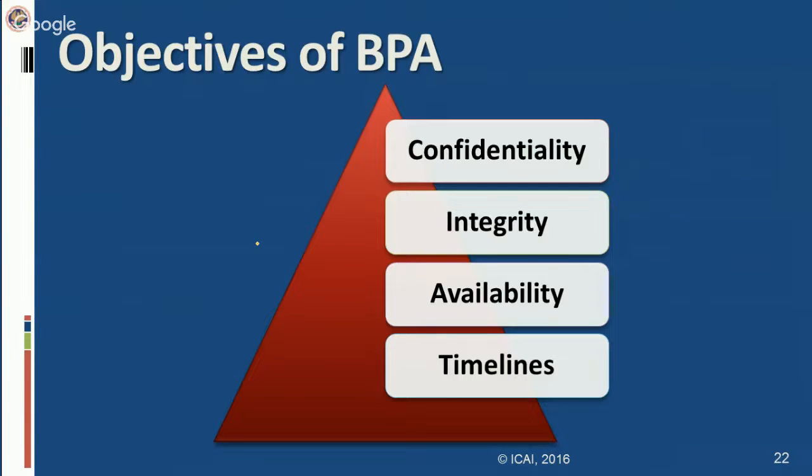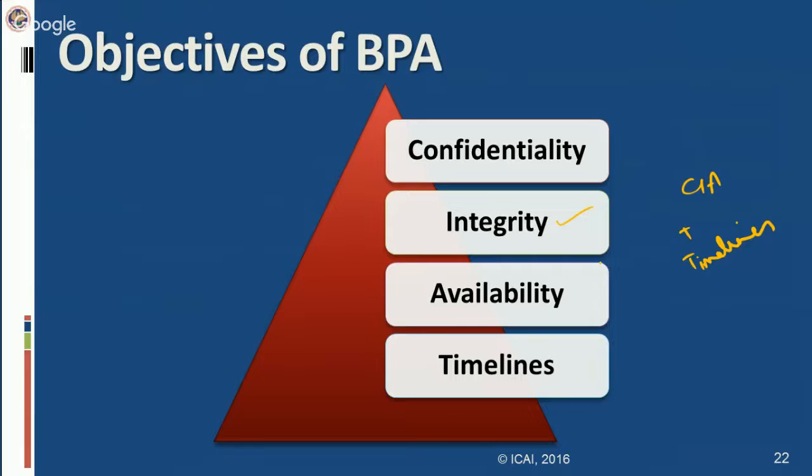Any business process automation will have certain objectives that it should follow: CIA plus timelines. CIA: confidentiality, integrity, and availability. Confidentiality ensures that data is only available to the person who is authorized to access it. It should not be available to anyone and everyone.